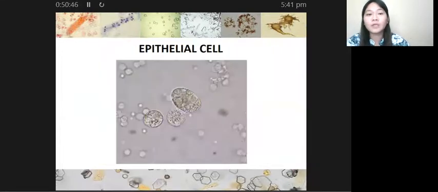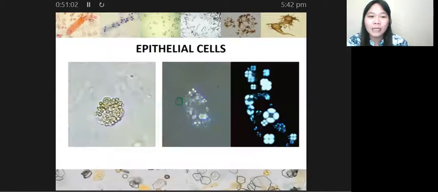Okay, so yan po. Alright, so for our oval fat bodies, seen in lipiduria, and it is usually associated with nephrotic syndrome. All right, so this one naman is your bubble cell. The difference is that makikita mo yung delineated na vacuoles doon sa loob. Okay, as compared pag lipids ang nasa loob, hindi mo makikita yung vacuole. Hindi mo makikita na vacuolated siya.